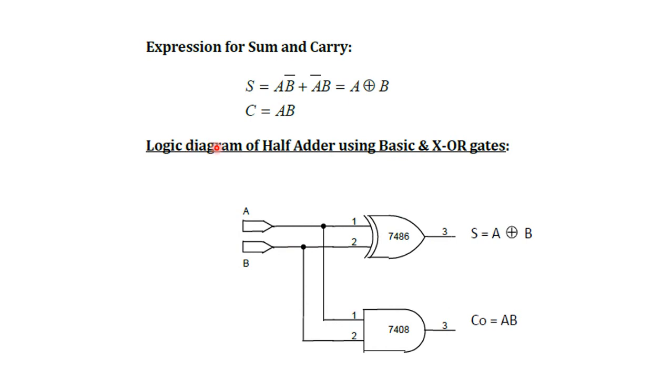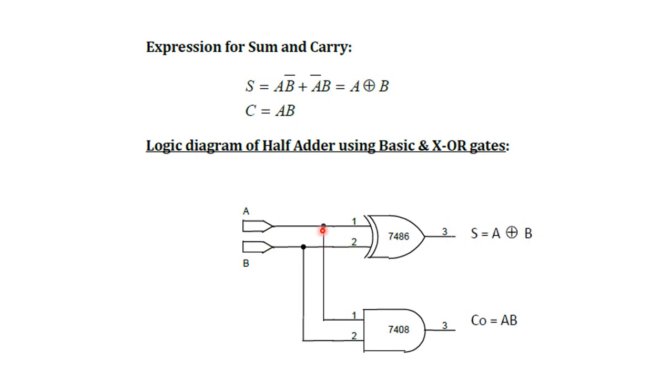To implement this, here is the logic diagram of the half adder using the basic XOR gate. 7486 is the IC number of the XOR gate. A and B are inputs, given to the 7486. The first and second pins are the inputs, and the third pin is the output.